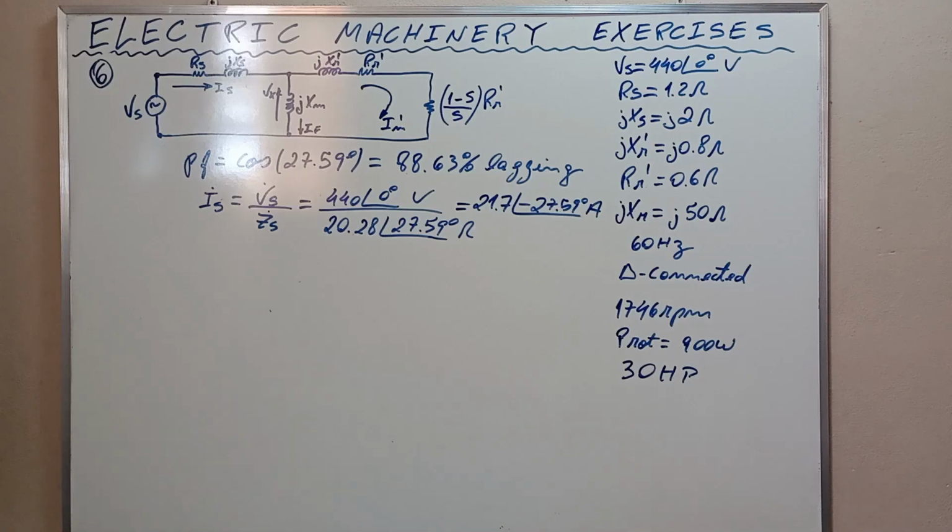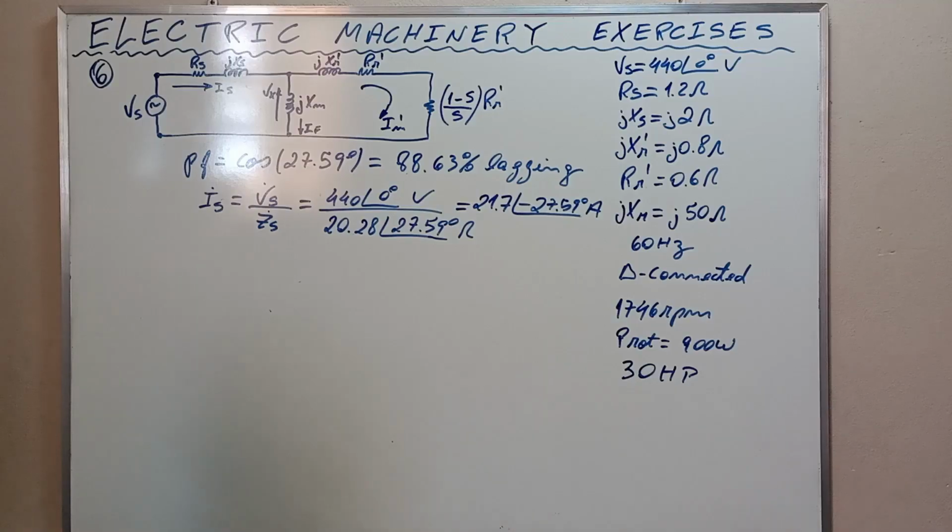Thus, the magnitude of the line current, this is the characteristic of the delta connected machine. The phase voltages are equal to the line voltages, but when it comes to current, they are not equal.